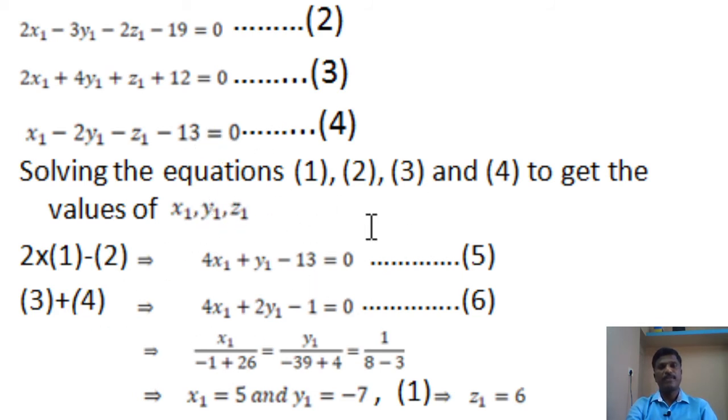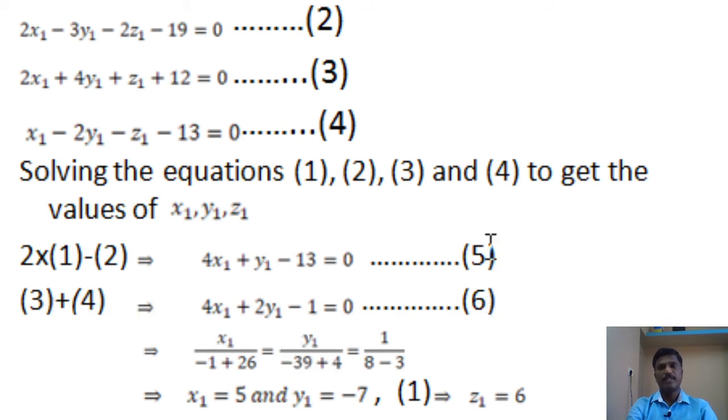So, we solve this by the elimination method. Considering equations 1 and 2, we multiply equation 1 by 2 and subtract the second equation. We get equation number 5. Again, by adding equations 3 and 4, we get equation 6.